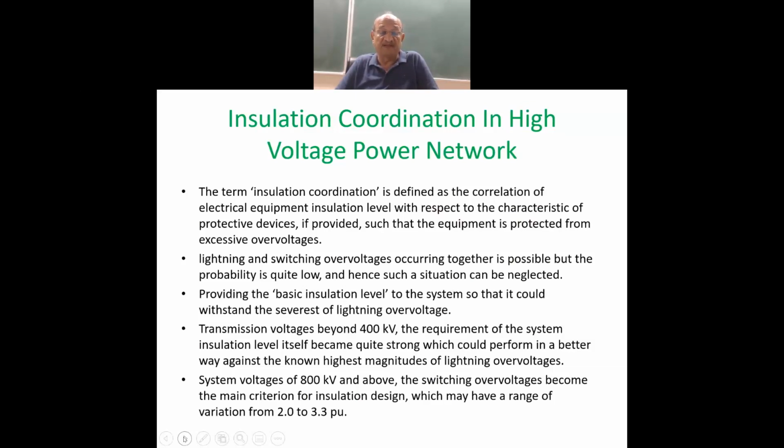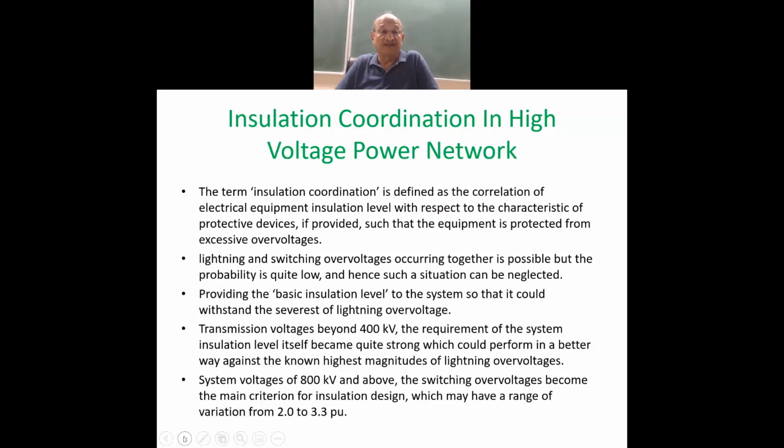So this coordination has to take into consideration the highest voltage which the equipment concerned may get when the traveling wave of transient overvoltage is coming, bypassing the protective device, and that protective device is the surge arrester.